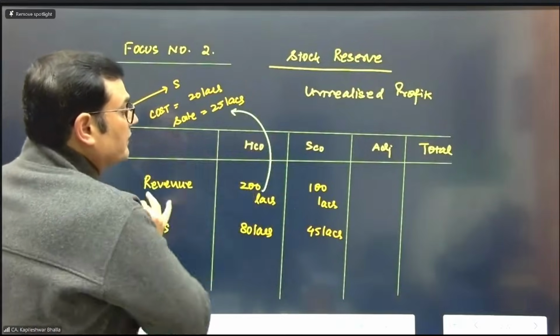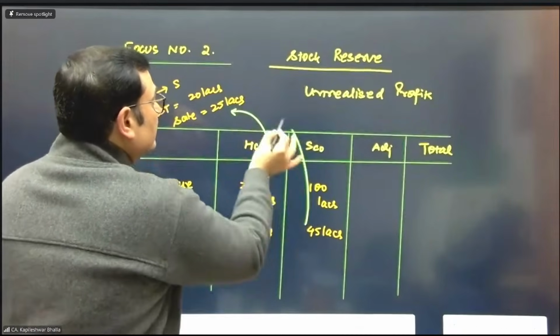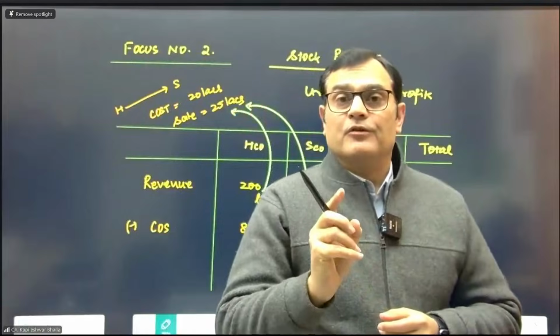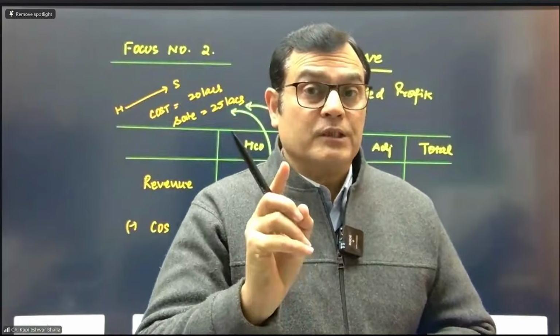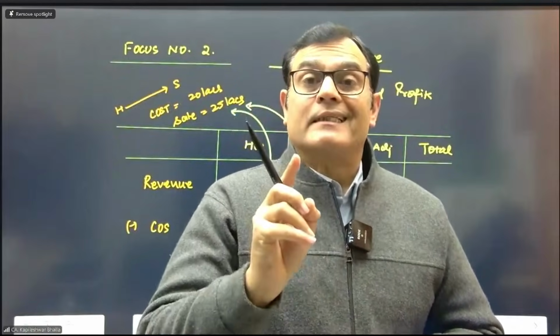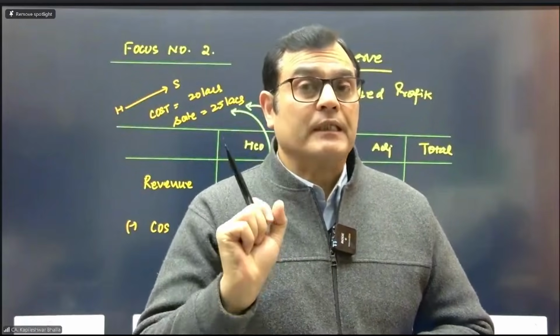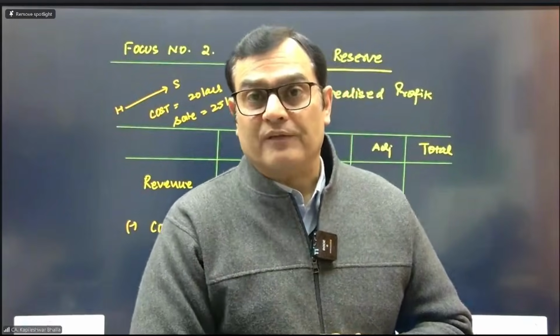And if the subsidiary made a purchase, then this is including that 25 lakhs. The sales of holding includes the sales value. The selling price is a cost to this subsidiary company, so its cost of sale also includes the 25 lakh.